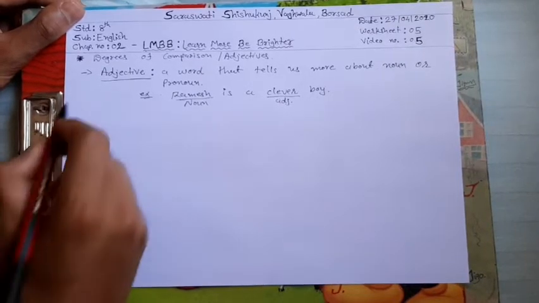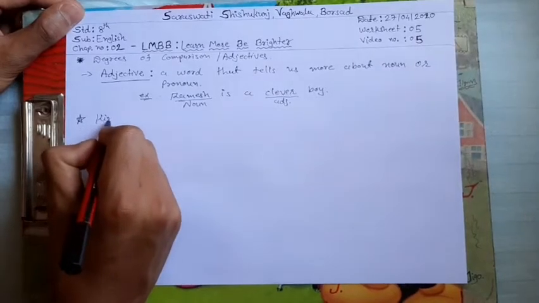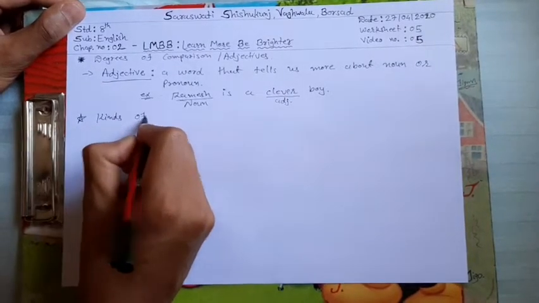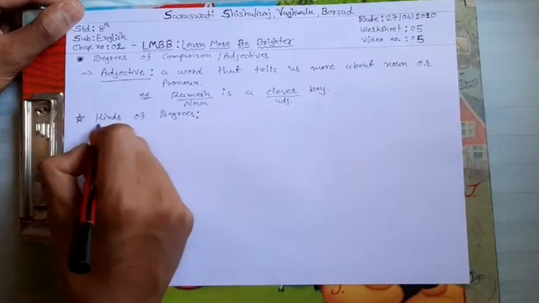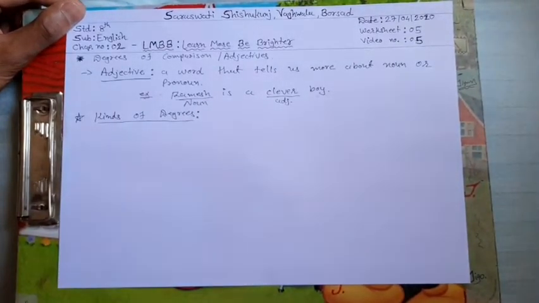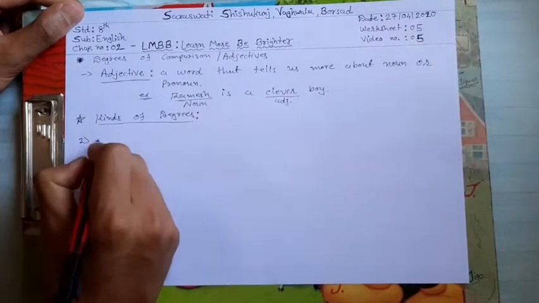Now, what kinds of degrees are there? There are three types of degrees. The first one is the positive degree.